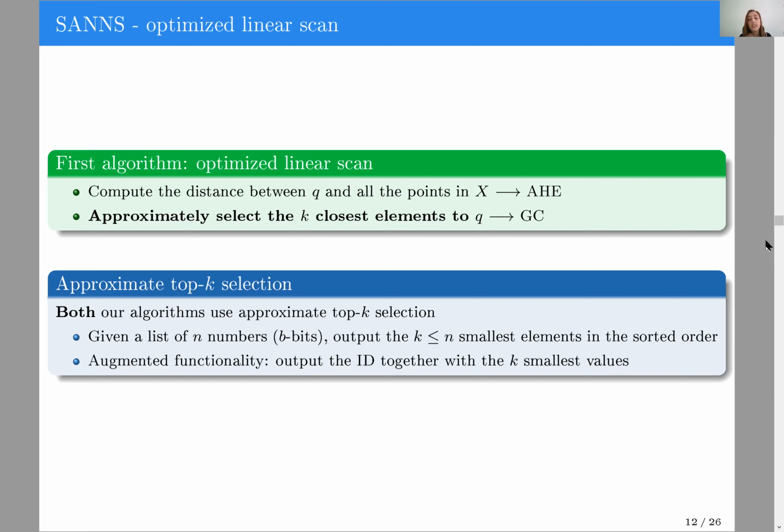The idea is, given a dataset of N points, to find the k smallest points in this dataset in sorted order. Eventually, we're also going to add a functionality which allows us to extract not only the values of those k smaller elements, but also their IDs.